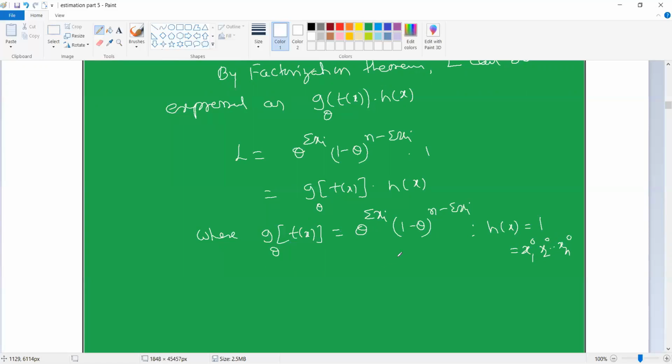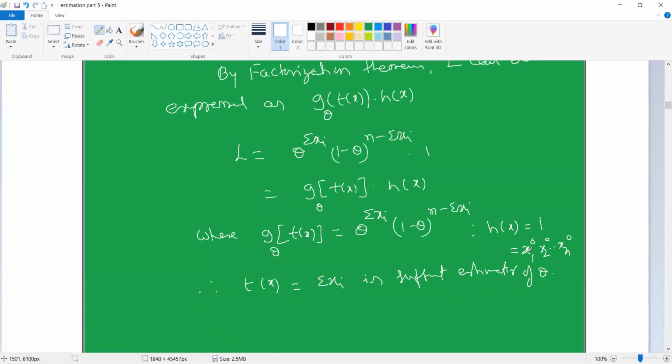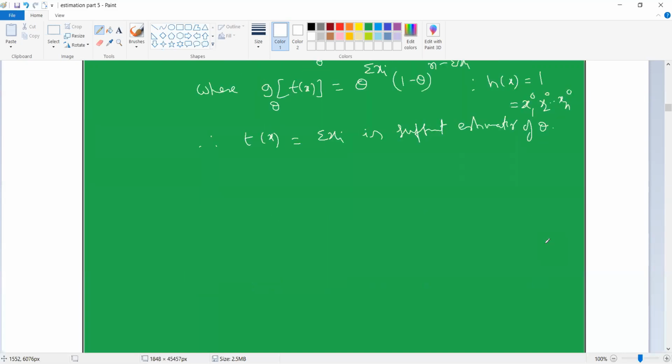Any power 0 is 1. Therefore T of x, where T of x is equal to summation xi, is a sufficient estimator of parameter theta. As already explained using the definition, summation xi is a sufficient estimator for theta of the Bernoulli population. Using the factorization theorem also, summation xi is a sufficient estimator of parameter theta.